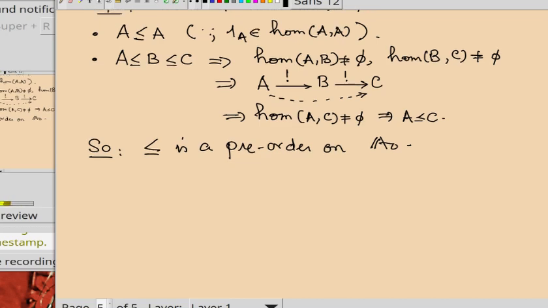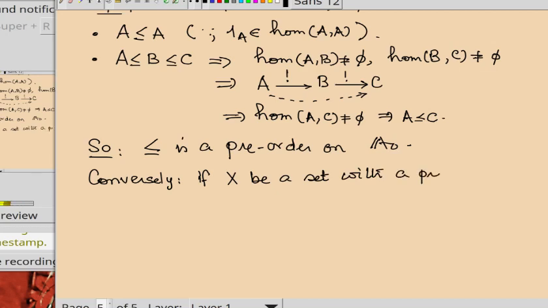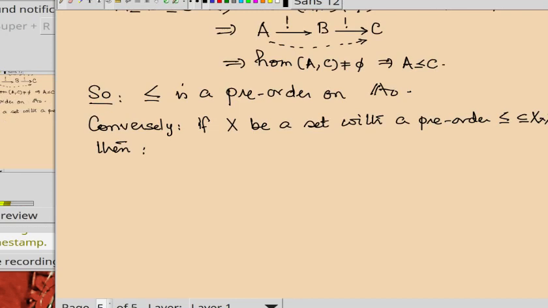Conversely, if X is a set with a pre-order, then I take the set of objects to be X. The morphisms is precisely the set of the relation, the subset of X cross X. Then I want to define my partial 0 and partial 1.